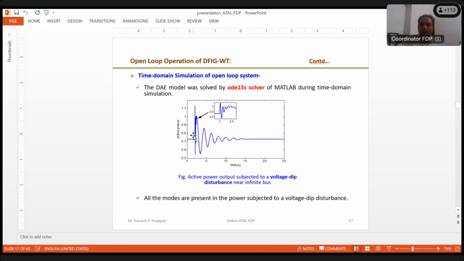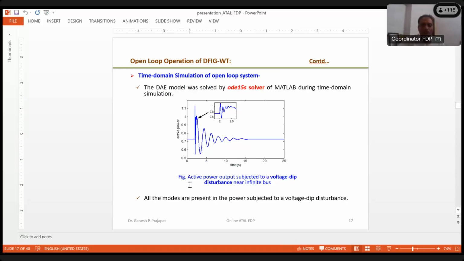A practical WFI induction generator also behaves like this. Always, a WFI induction generator which is connected to the grid, when there is a disturbance in the grid, the speed and the active power out of the generator will always change something like this.